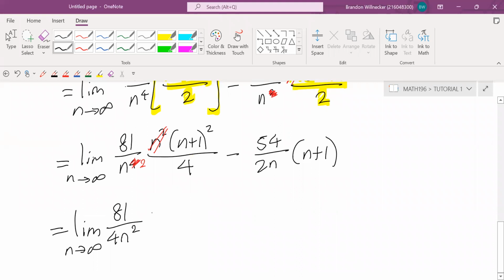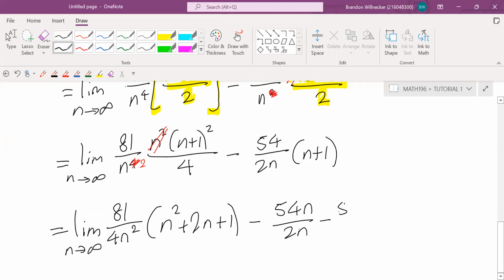That's what's left over. And then we have n plus 1 squared. I can write that as n squared plus 2n plus 1. So I've just expanded that out. Minus, this is going to be 54n over 2n minus 54 over 2n. Okay, so I've just multiplied that inside there.